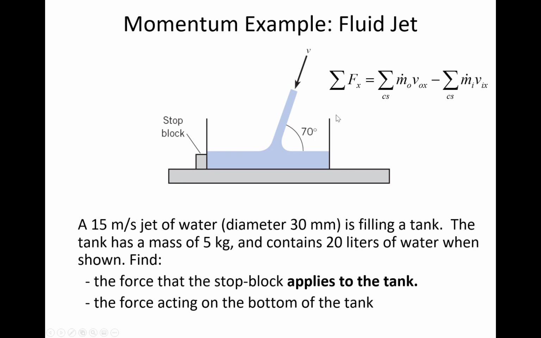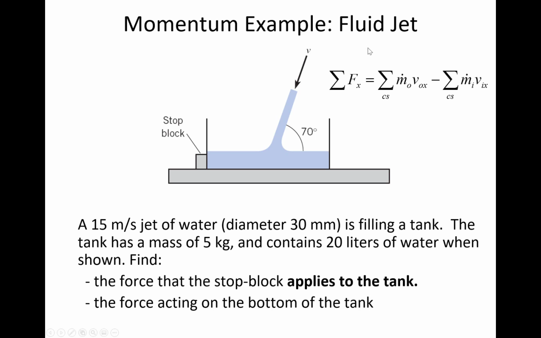Okay, so I'm going to pause and let you calculate, but before I do, I'll give you a couple of suggestions on what to calculate first. And so if we look at the momentum equation, what we know is that we're going to need a mass flow rate, and then we're going to need to know the velocity in a certain direction.